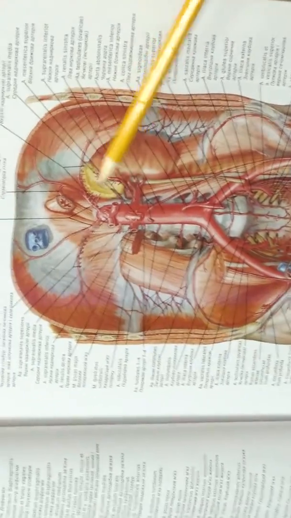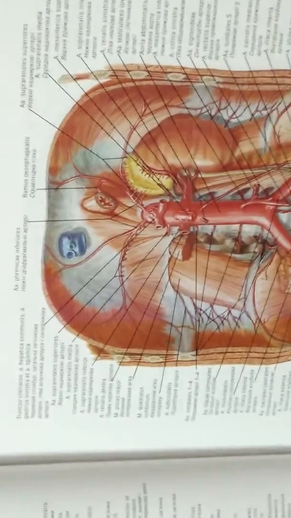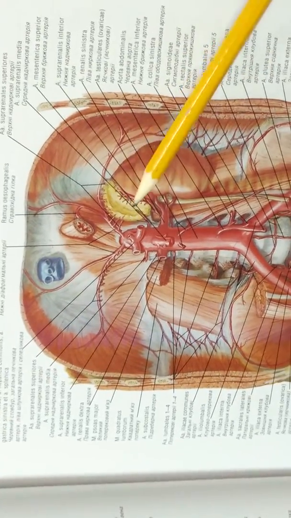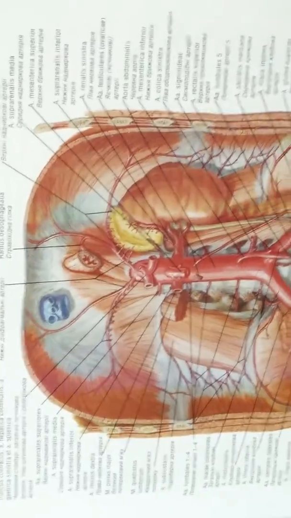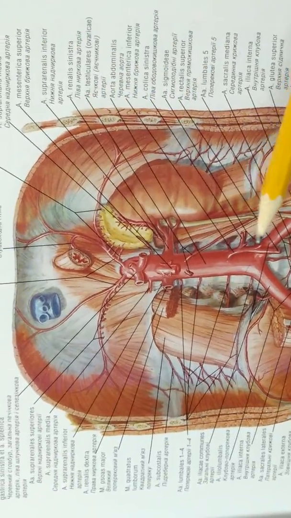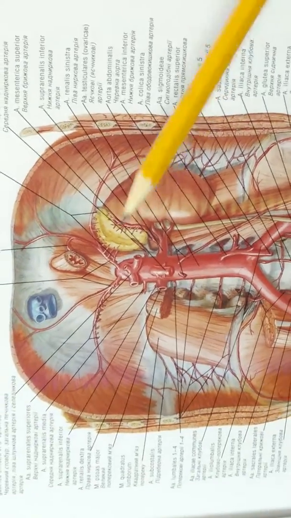That's why the medulla is the same as nerve tissue. The medulla of the suprarenal glands produces noradrenaline and adrenaline as mediators of the nervous system.